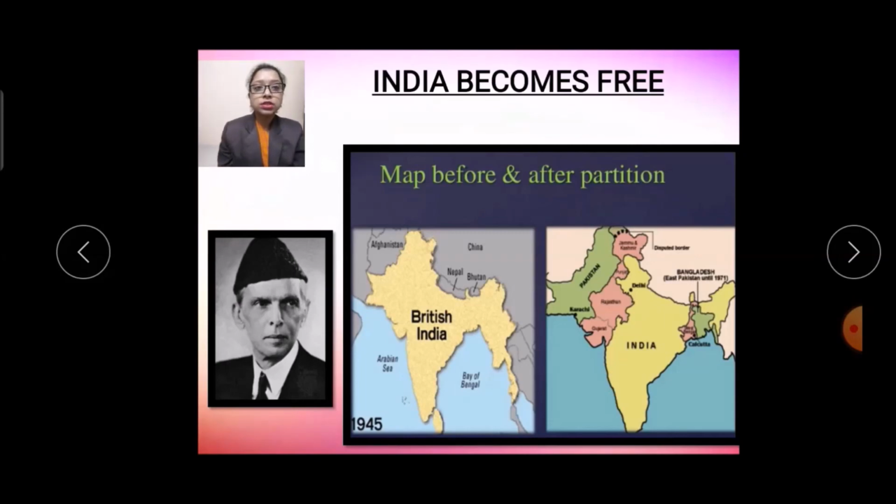Here you can see the map before and after partition. Here is Muhammad Ali Jinnah, and the map of India before partition was like this, and the Muslim League demanded a separate nation for the Muslims. Here you can see India is divided into two nations, India and Pakistan. Because of this, Gandhiji was heartbroken because his dream of a united India was broken.